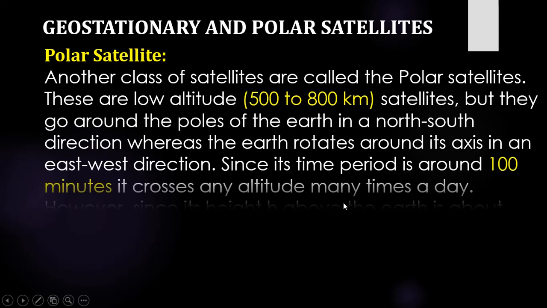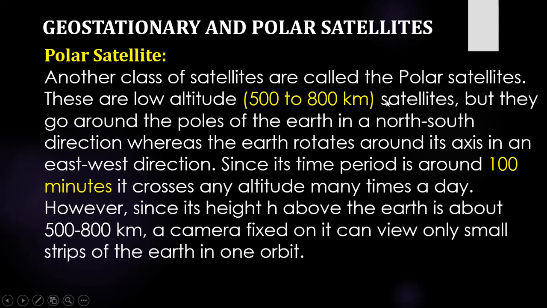And polar satellites are the low altitude satellites. Low altitude means at a very low height, polar satellites keep rotating around the earth, approximately 500 to 800 kilometers from the surface. They go around the earth from north to south direction, and the earth is rotating in an east west direction.